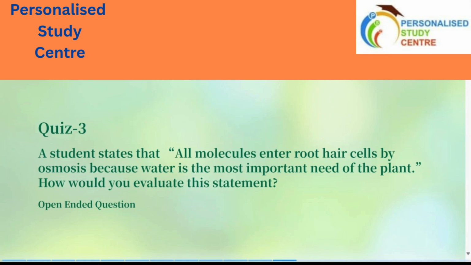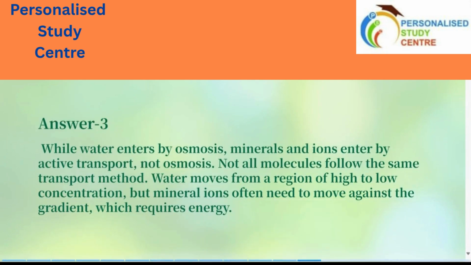Now, our open-ended question. A student states that all molecules enter root hair cells by osmosis because water is the most important need of the plant. How do you evaluate this statement? Of course, water is important, but if we go into more detail, we will get the answer. While water enters by osmosis, there is a semi-permeable membrane, so only water molecules can pass through.